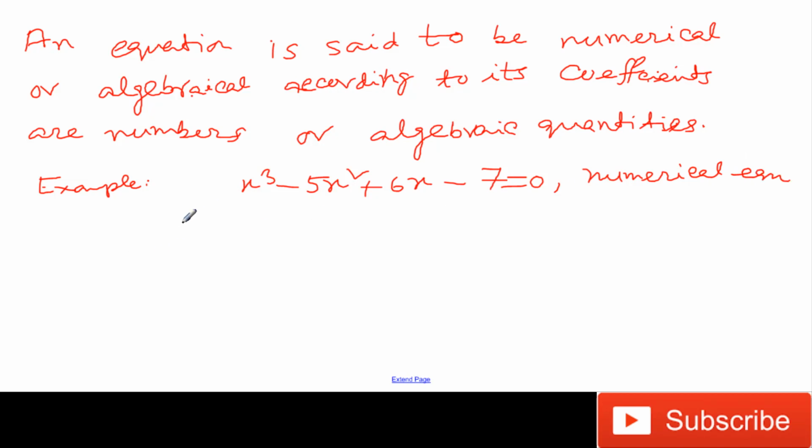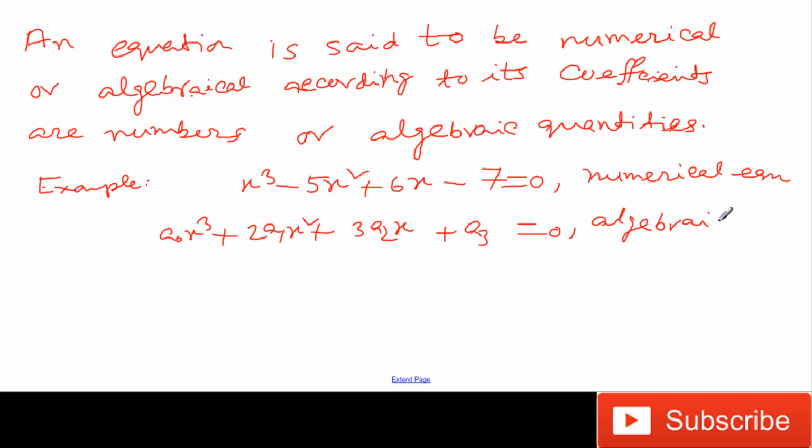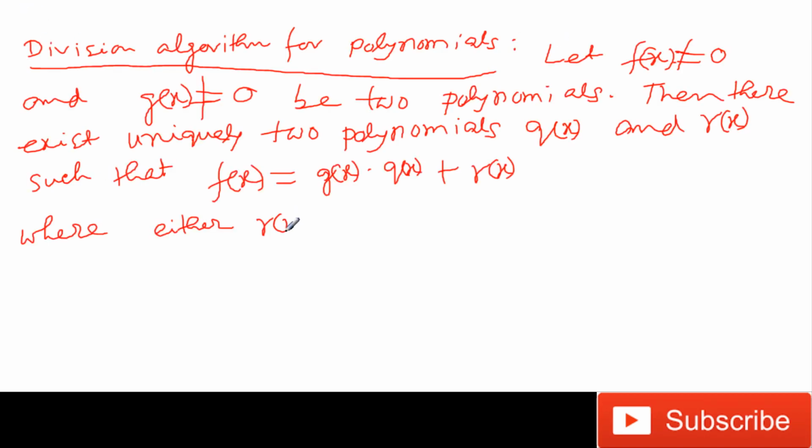Examples: x cube minus 5x square plus 6x minus 7 equal to 0 is a numerical equation, whereas a0 x cube plus 2a1 x square plus 3a2 x plus a3 equal to 0 is an algebraic equation.